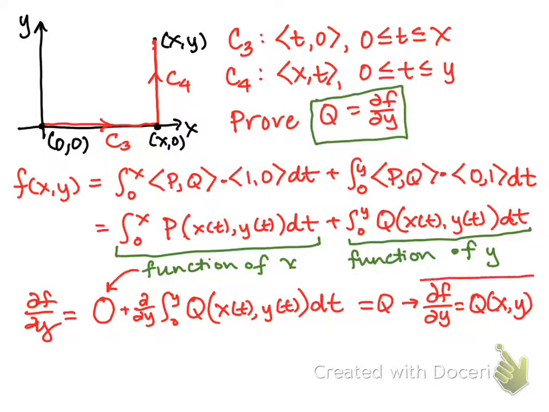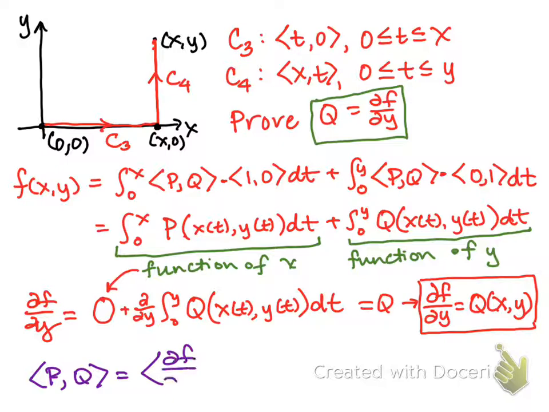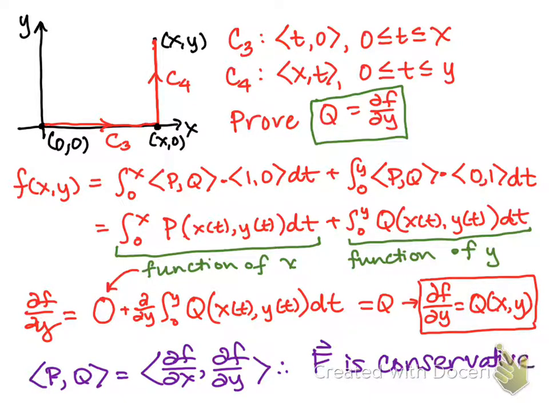Okay, so if you take the result on this page and the result on the previous page, we have achieved what we set out to do, which was we showed that (P, Q) equals (partial f partial x, partial f partial y), and therefore F is conservative, because we have shown that F is equal to the gradient of a potential function little f.